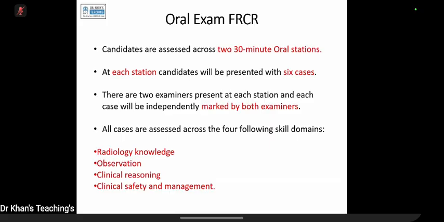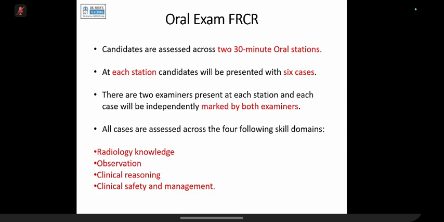You remember previously there were marks from 4 to 8. You could not get less than 4 marks, and 6 was the pass mark. And we used to talk in terms of, if you get 5.5 in one and 6.5 in another, you can compensate. So that system has completely gone now.